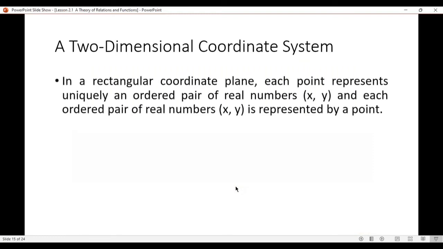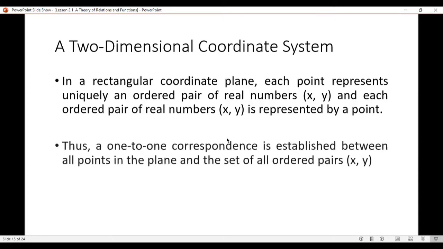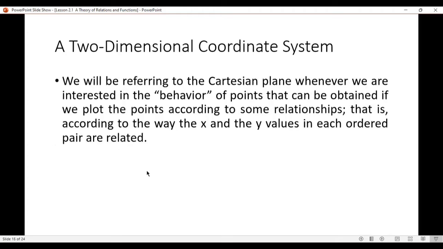In a rectangular coordinate plane, each point represents uniquely an ordered pair of real numbers (x, y), and each ordered pair of real numbers (x, y) is represented by a point. Thus, a one-to-one correspondence is established between all points in the plane and the set of all ordered pairs (x, y).